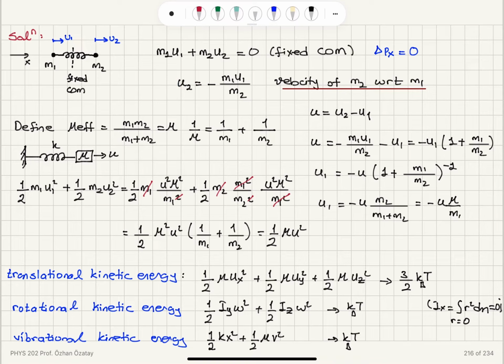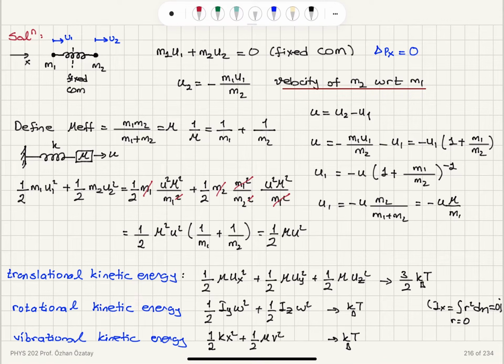So it's the velocity of m2 with respect to the center of mass minus that of m1. By doing so, I find that if I define an effective mass, 1 over mu equals 1 over m1 plus 1 over m2, and writing the total kinetic energy of these two atoms, it's in the form 1/2 mu u squared, where u is the relative velocity of m2 with respect to m1. So we fix m1, and then we can replace this whole system with an effective mass mu attached to a spring with spring constant k.